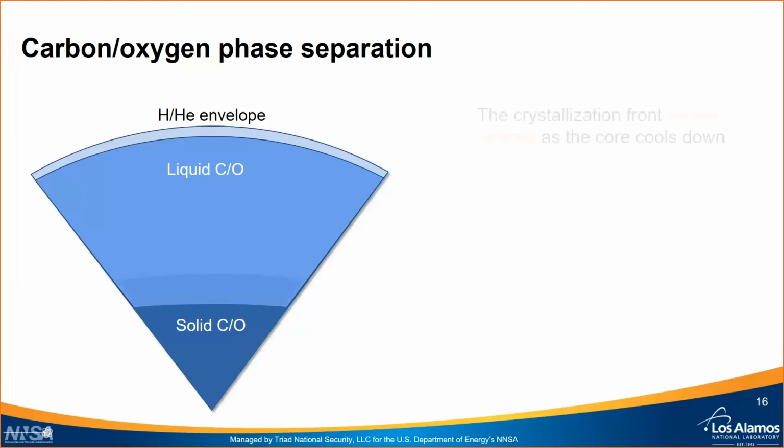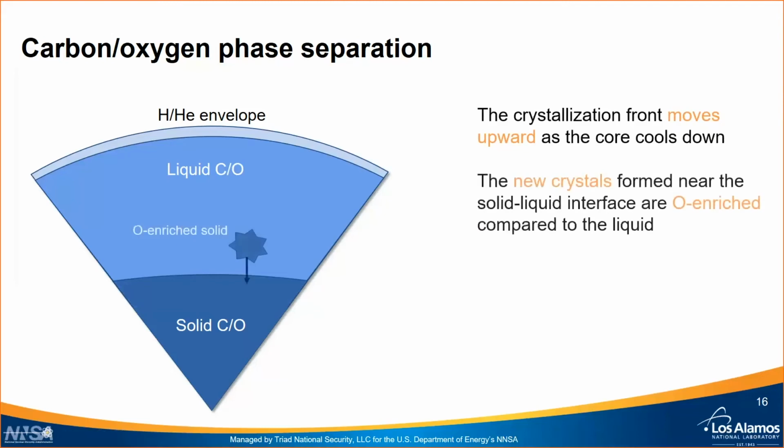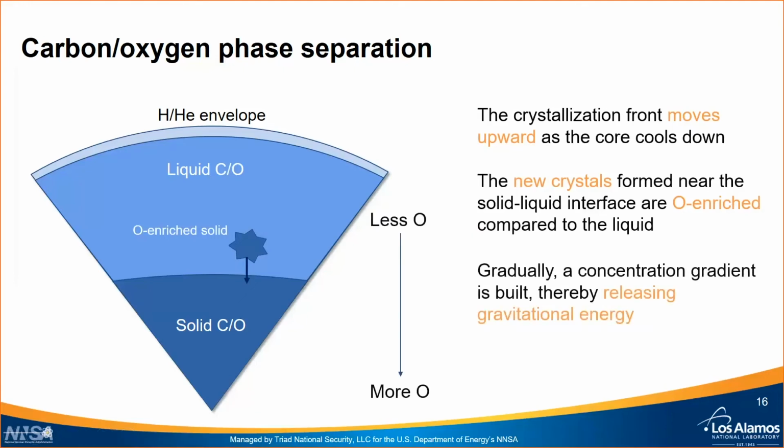But as the white dwarf cools down, the crystallization front slowly moves upward. Now the funny thing that happens is that the solid crystals that are formed at each new layer that crystallizes are enriched in oxygen compared to the average oxygen abundance in the liquid mixture. Because of that, as the crystallization front moves upward, you are building a concentration gradient where you have more oxygen near the center of the white dwarf and less oxygen near the outer layers.